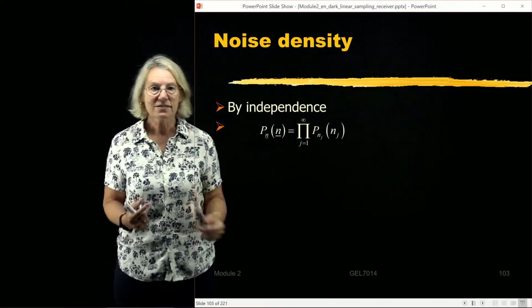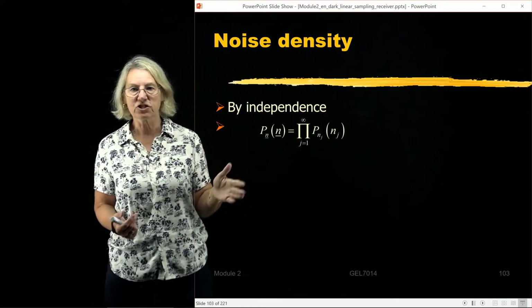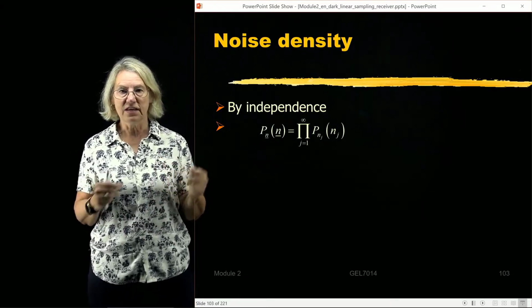By independence, I know that it's simply the product of the probability density function of each one of the elements of the vector.